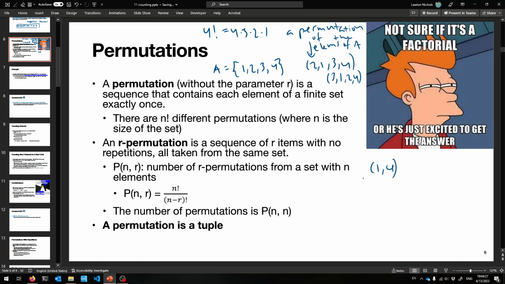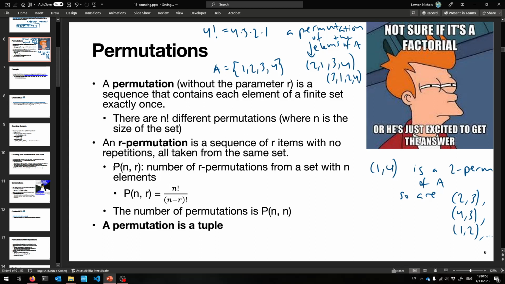So 1, 4 is a 2 permutation of the set A. And so are 2, 3, and 4, 3. It's just pick 2 different things from A and put them in some order. 1, 2, and you can count how many 2 permutations there are, dot, dot, dot. I think you see what's going on there.